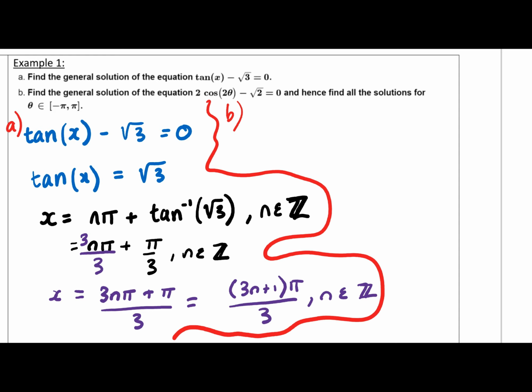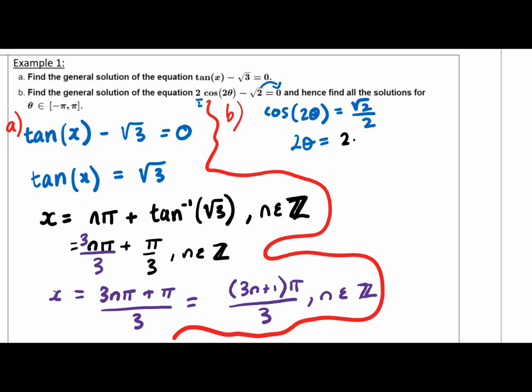Okay, so for part B, in order to get that cos 2 theta on its own, we're going to say cos 2 theta is equal to, if I brought that over and divided by 2, we get √2 on 2. Remember that that's the same as 1 on √2. So it's fair to say now that 2 theta is equal to, well, we're going to need our general solution.